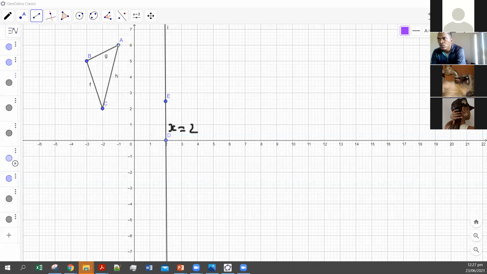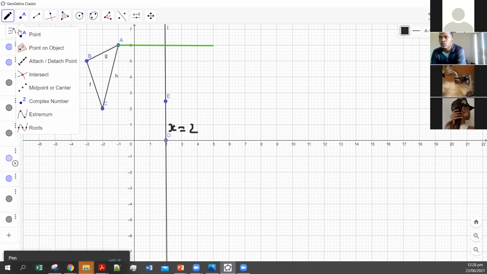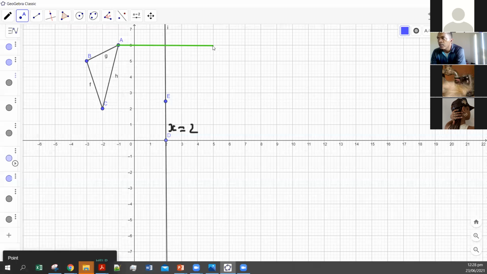We have to use the correct reflective line, and that is this one over here. So we have to go 1, 2, 3 until we reach the line. Then we go across again, 1, 2, 3, and that is where our new point is going to be.